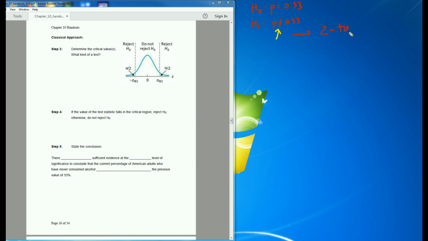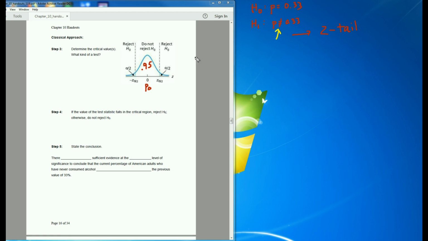Two-tailed means that we're not sure in advance of getting the sample data if the sample is going to be higher or lower. It could go either way. So here's our hypothesized value right in the middle, our p sub 0, which for our case is 0.33. We're going to have two critical values. Knowing that alpha is 0.05, that means the rest of the area, the 0.95, is in the middle.